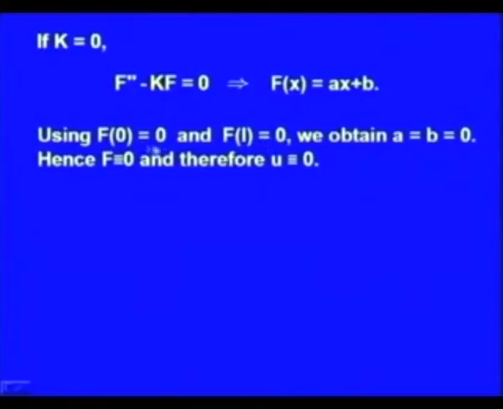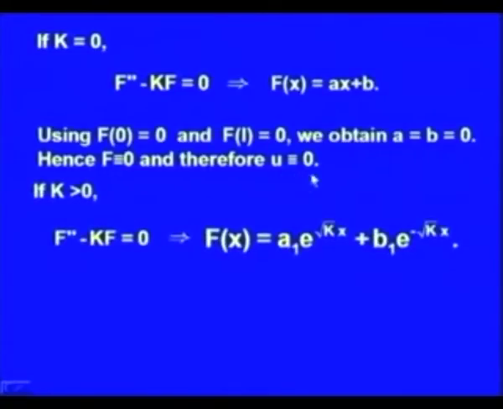So, if we make use of these two conditions, then we shall have a and b both zeros, and since a and b both are zeros, f x will be 0 for all values of x, that is, f is identically 0, and therefore, again u, being the product of f and t, will be identically 0. So, this is again an inadmissible case.